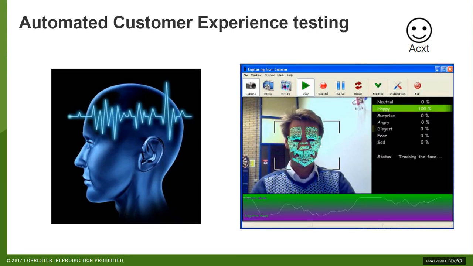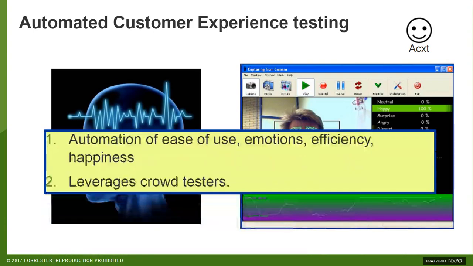Automated customer experience. Now we're getting into the area of what I call myths, or mostly myths. These are real cases though, right? They are myths, but they're real cases. The question is, can I test customer experience, meaning things like ease of use? Today, for ease of use, I can only have a person sit in front of a computer and ask him, what did you like, what didn't you like?